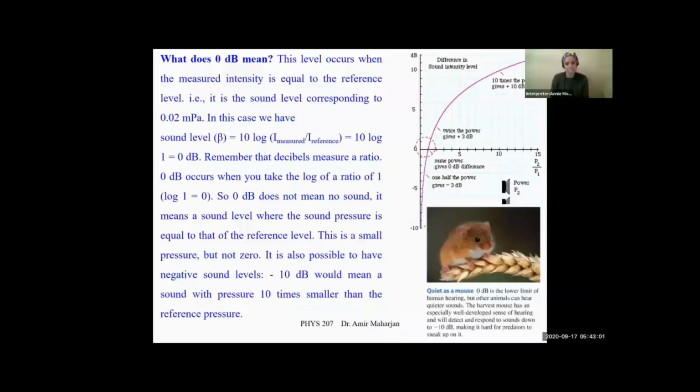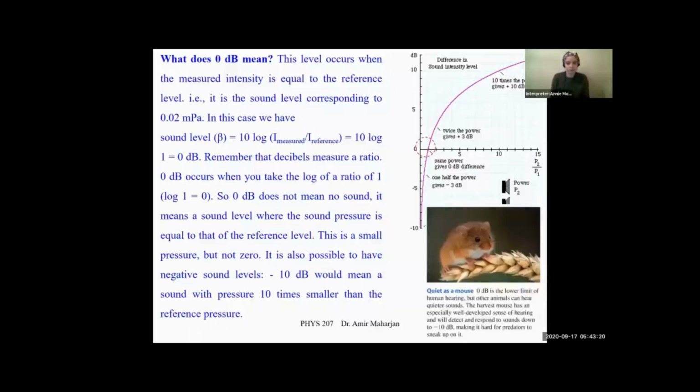Okay, so what does 0 decibel mean? 0 decibel doesn't mean there's no sound power, okay? 0 decibel simply means it's the threshold of hearing for human beings, right? Just for human beings. That's the lower scale for human beings. But many animals have different capacity.